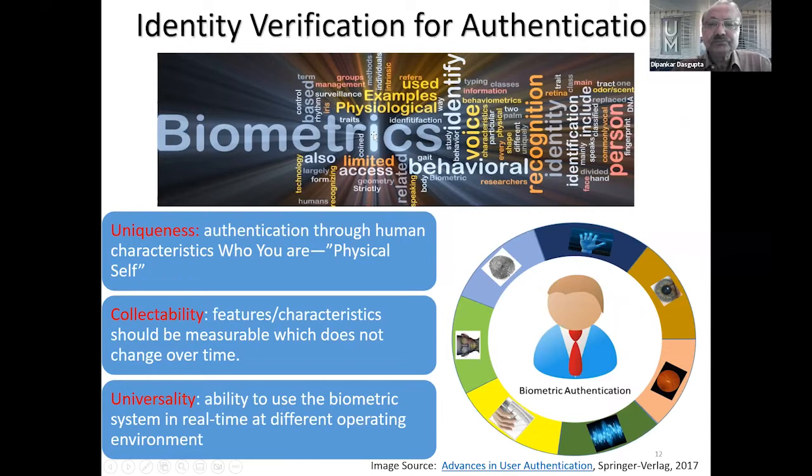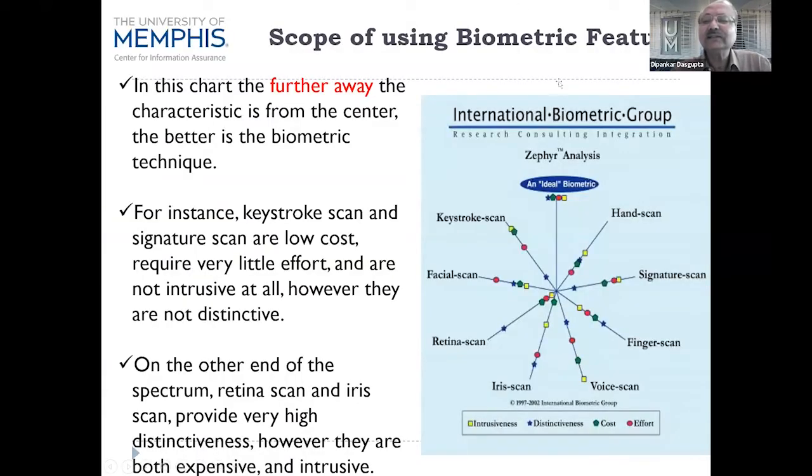And there is a study by the International Biometric Group, and this is a very interesting study. They showed that different kinds of biometrics have different degrees of difficulty. In this chart, the further you are from the center, the better the biometric technique is from the usability perspective.